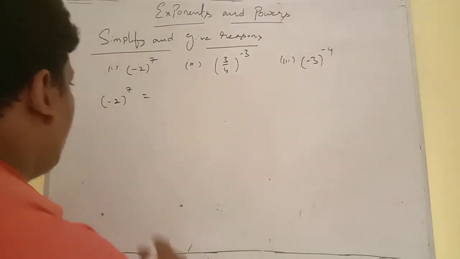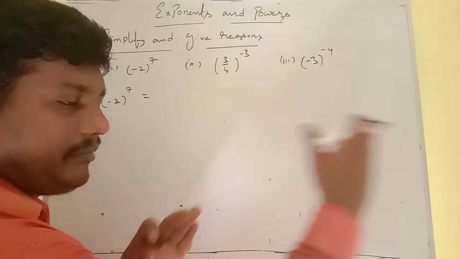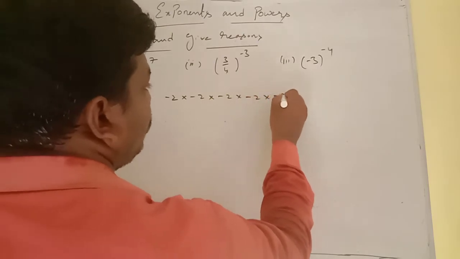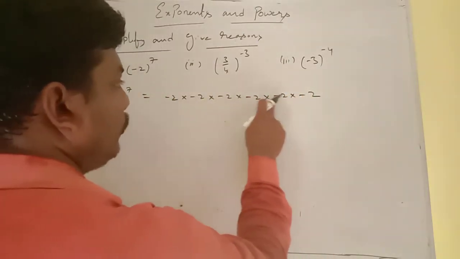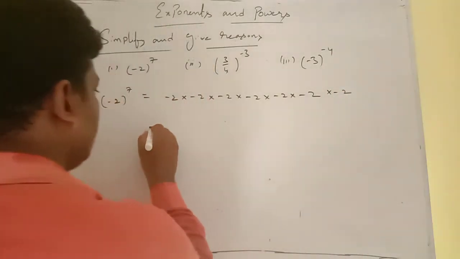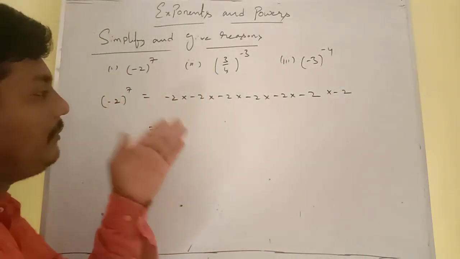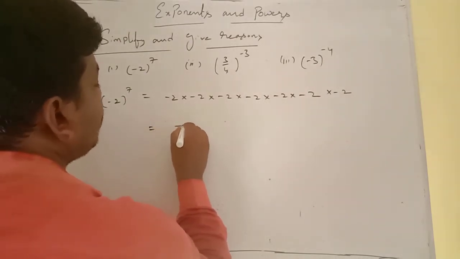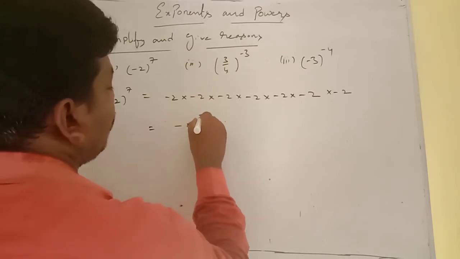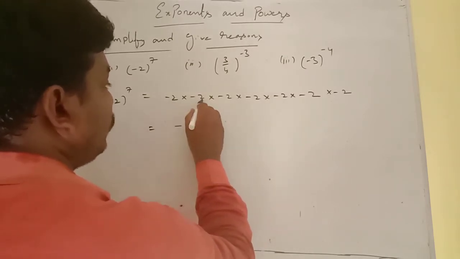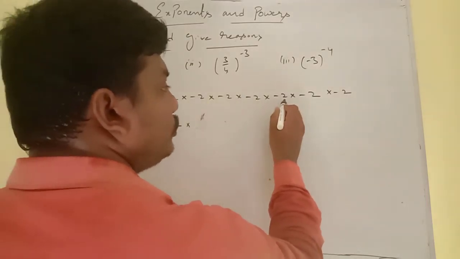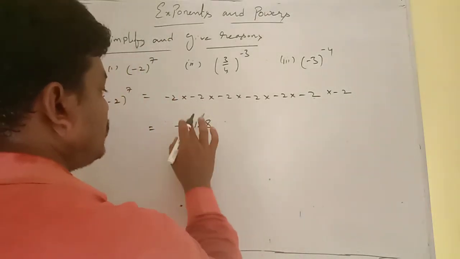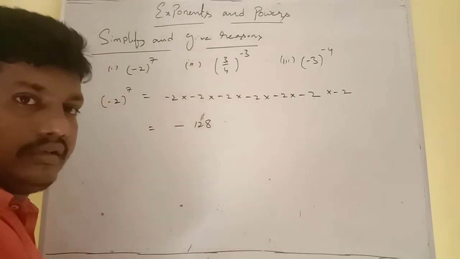Minus 2 is repeatedly multiplied 7 times: minus 2 into minus 2 into minus 2 into minus 2 into minus 2 into minus 2, and the 7th time. If the negative sign is multiplied 7 times, it is an odd number of times, so it can be written as minus 2 to the power of 7. 2 2s are 4, 4 2s are 8, 8 2s are 16, 16 2s are 32, 32 2s are 64, 64 2s are 128. So this can be written as minus 128.